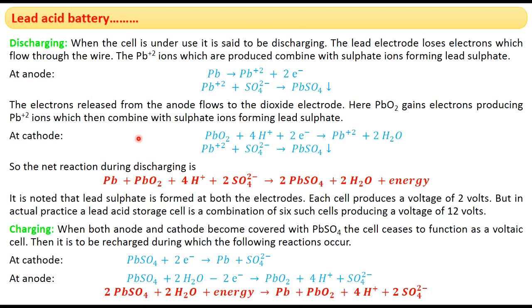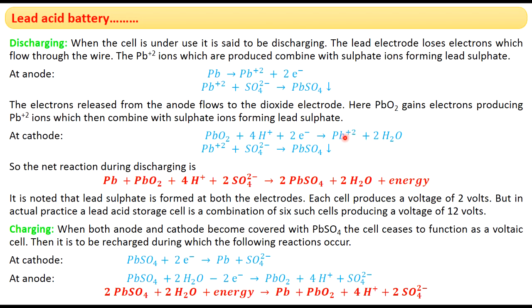Then at the cathode, lead dioxide undergoes reduction by consuming 4 protons from the electrolyte. Electrolyte is sulfuric acid. It contains H+ ions. 4 H+ ions are consumed by one PbO2 molecule, and 2 electrons which are produced at the anode flow towards the cathode through the load applied, and now reduction of lead dioxide occurs, forming lead cations Pb2+ and 2 water molecules.